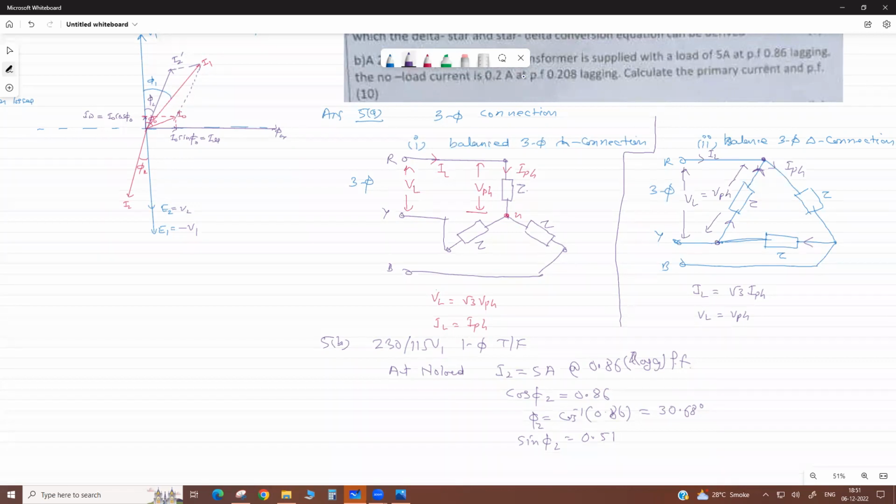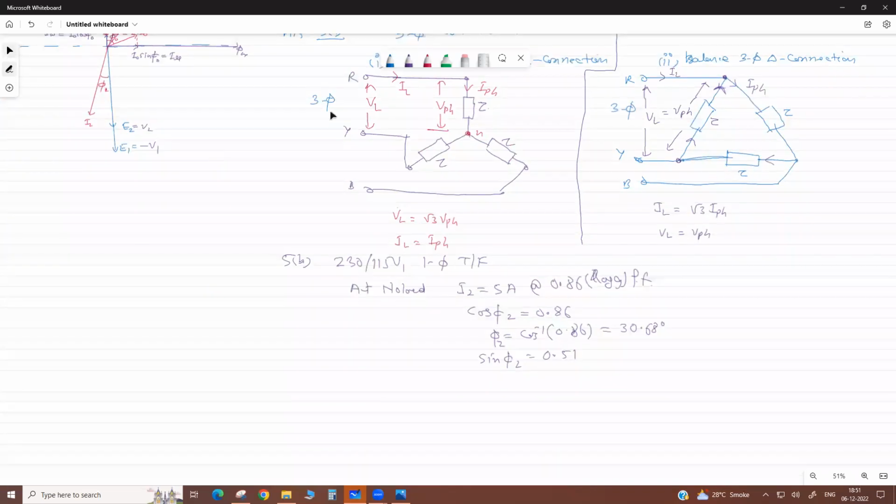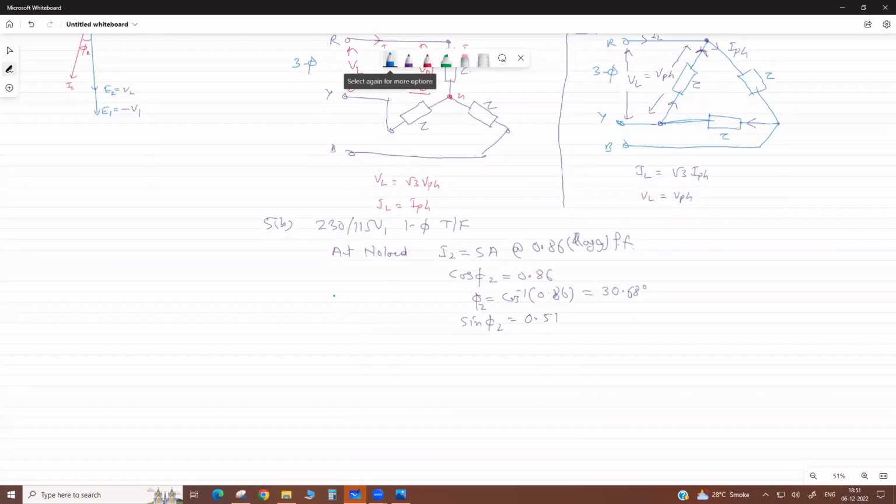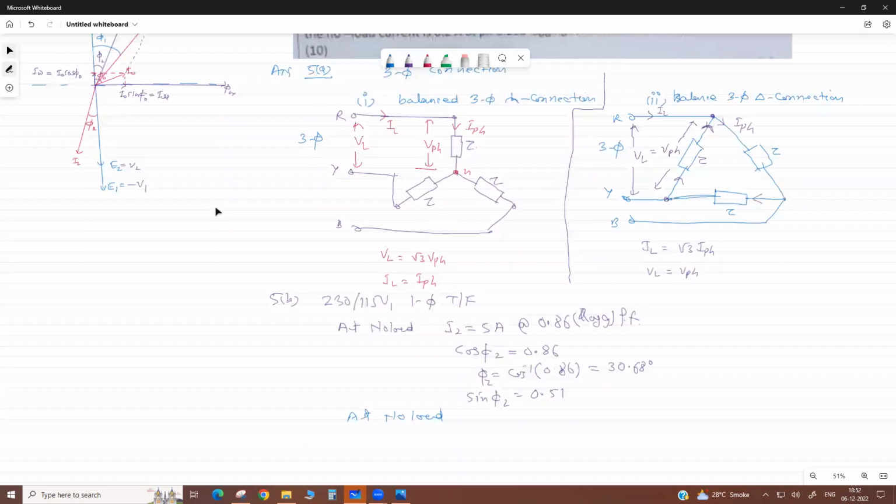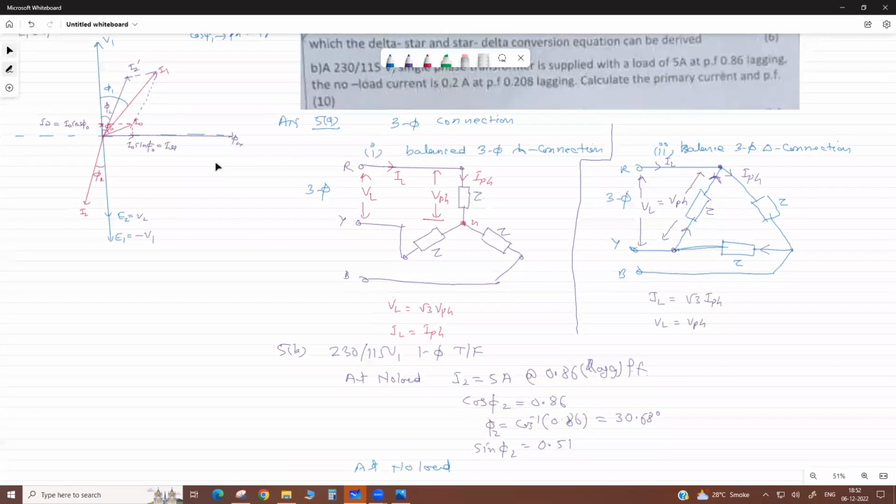The no load condition is also given. At no load, cos phi naught is the no load power factor. First, what is the no load current? It is 0.2 ampere.